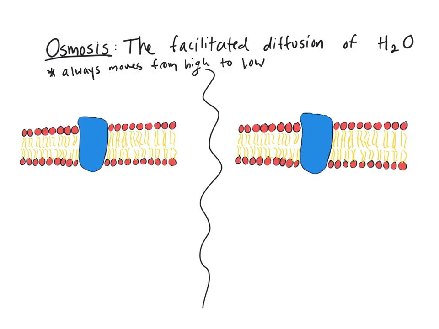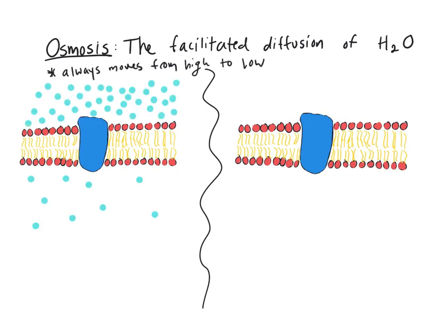And sometimes that involves water being more concentrated outside the cell than in. So when water is super concentrated outside the cell in comparison to inside, so usually, a cell is going to be about 70% water, meaning that 30% of the cell is going to be like your organelles, your salts, your sugars, various molecules floating around that aren't water.